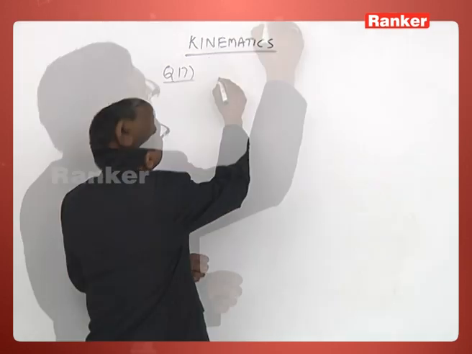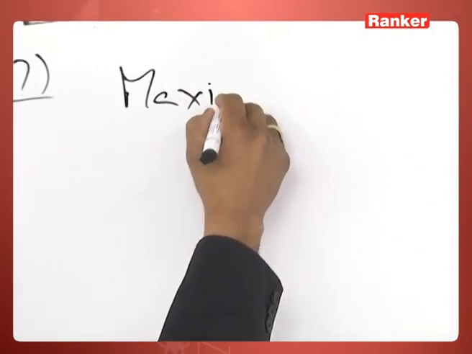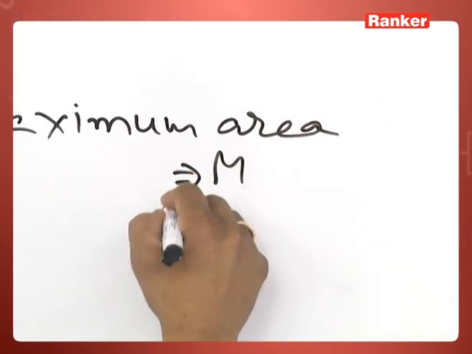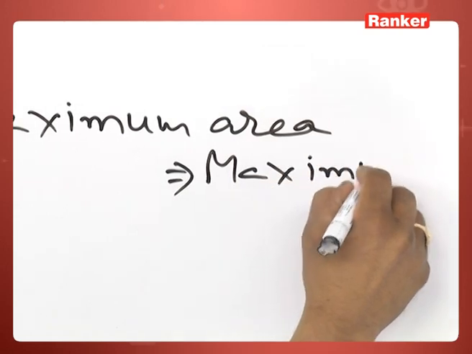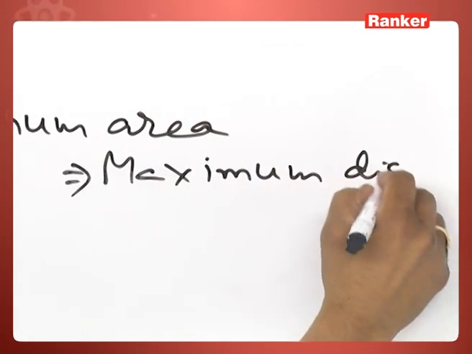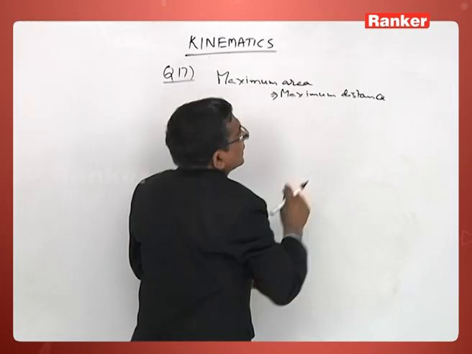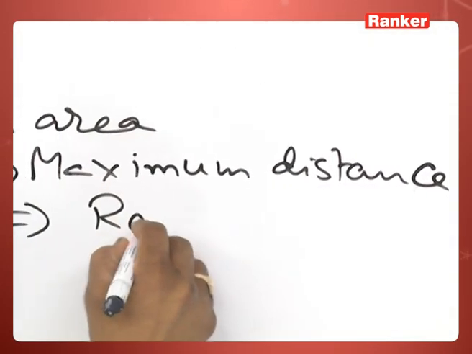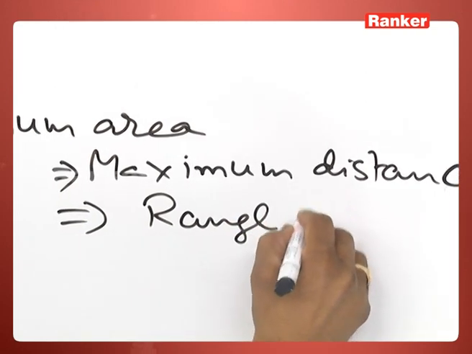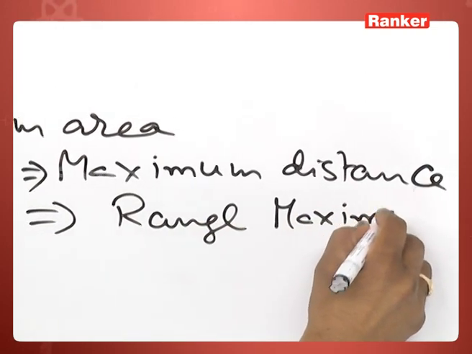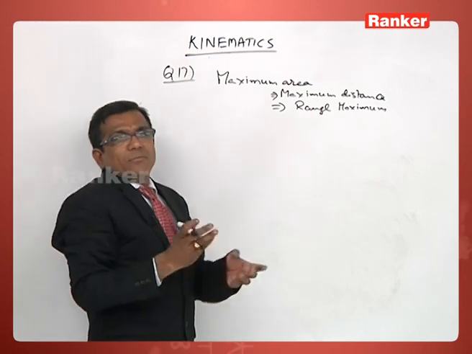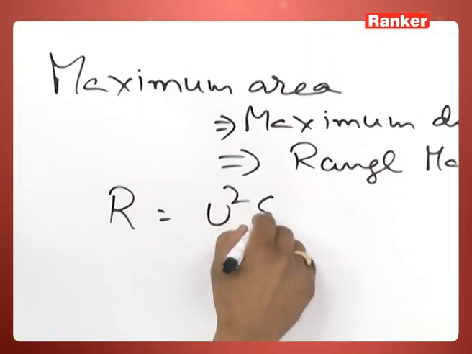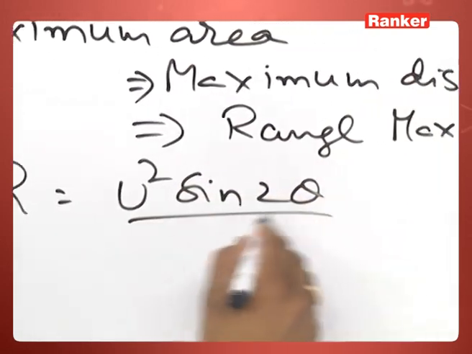What do you mean by maximum area? Maximum area implies the bullets have to fall at maximum distance. So, what is maximum distance? That maximum distance implies range maximum. So, what is the formula for maximum range that you have to calculate? As you know, R is u square sin 2 theta by g.